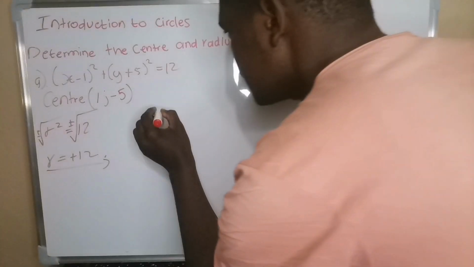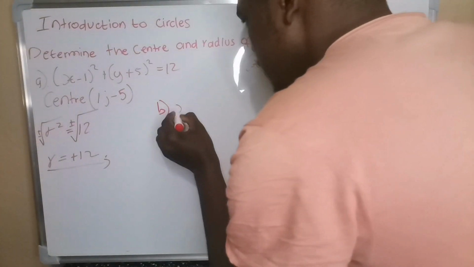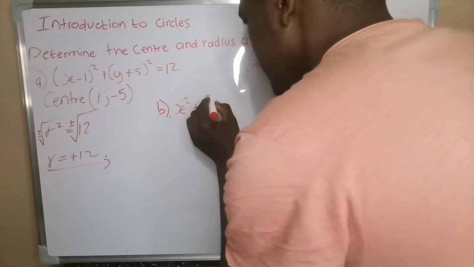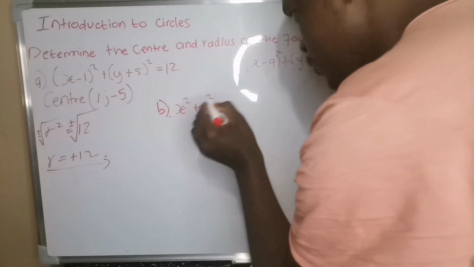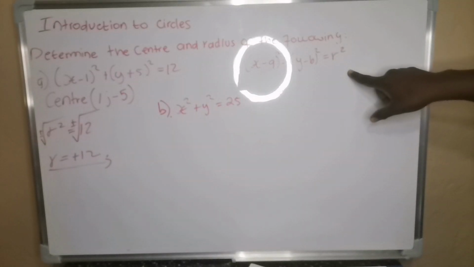Then number b, we've got x squared plus y squared is equal to 25. How do you find the center and radius of this? Remember, we need to go back to our standard equation, which is x minus a squared plus y minus b squared. We should write this equation in this form.